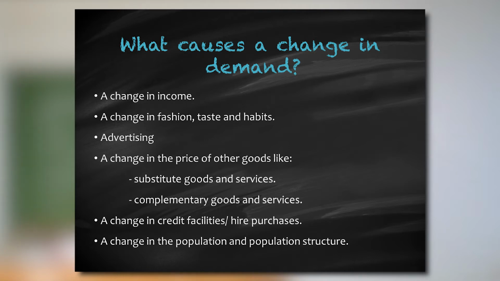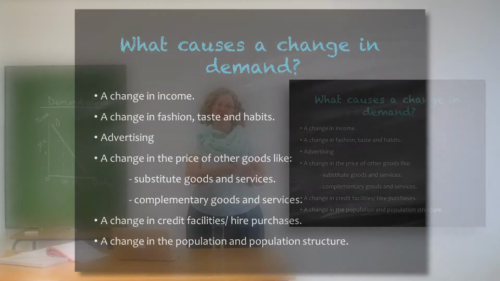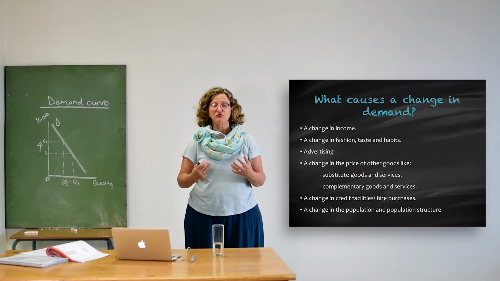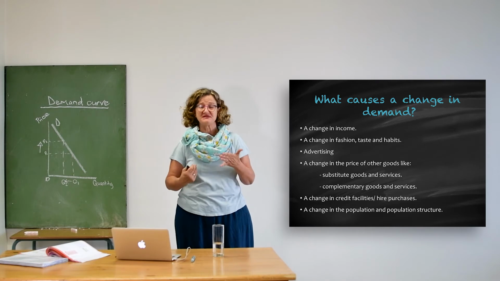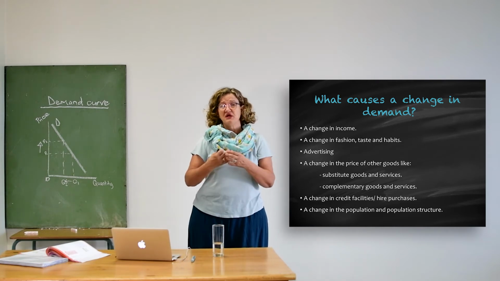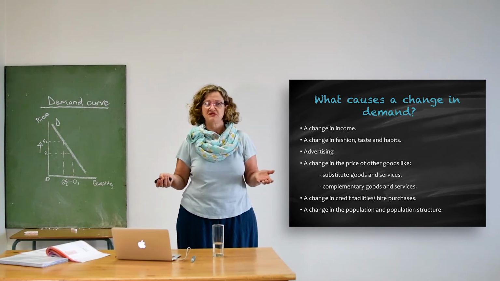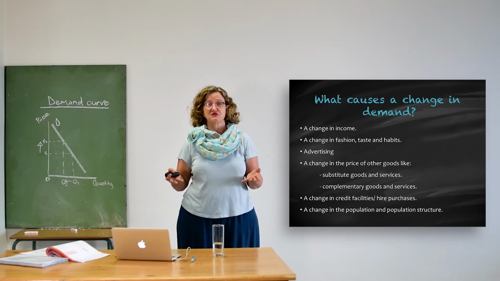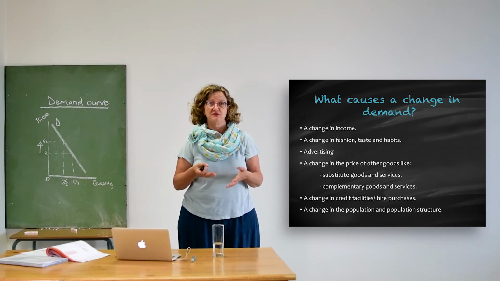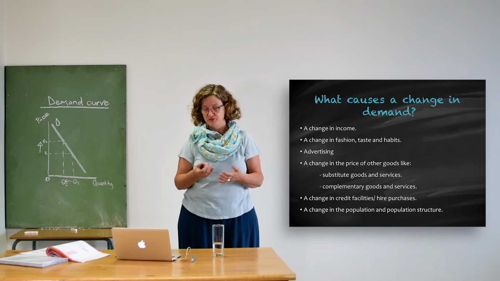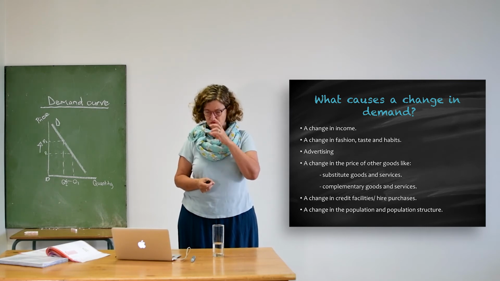Now we look at the last point, and that is complementary products. That means the one product must be used with the other one. You can't use the one without the other one. So if you have batteries and you have a torch, it's not possible for you to use a torch if you don't buy batteries and put them into the torch.